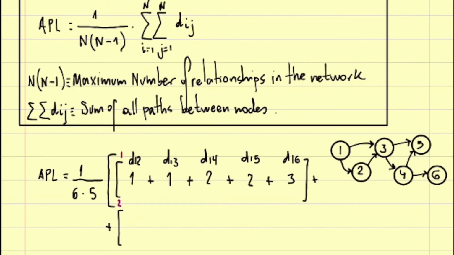So the distance between 2 and 1 is 1, plus the distance between 2 and 3 is also 1, plus the distance between 2 and 4 is 2, plus the distance between 2 and 5 is also 2, plus the distance between 2 and 6 is 3.